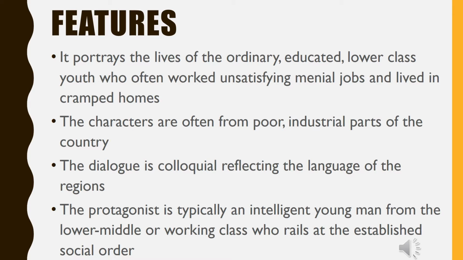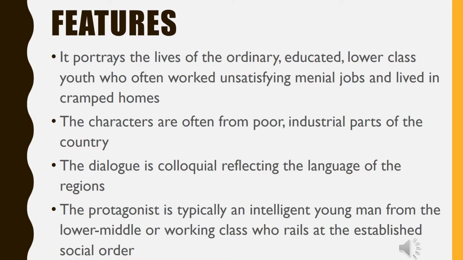So, here I would like to refer to the text Look Back in Anger by John Osborne. Jimmy Porter, representing the angry young man in the play, is an intelligent young man. He belongs to the working class, and despite being a university graduate, he runs a sweet stall.